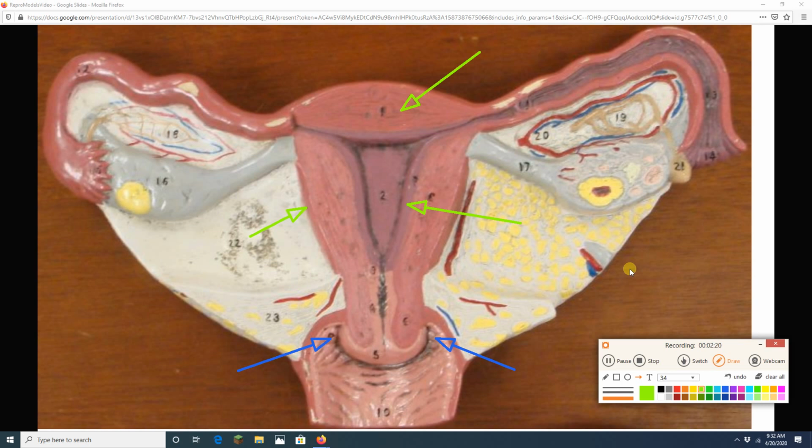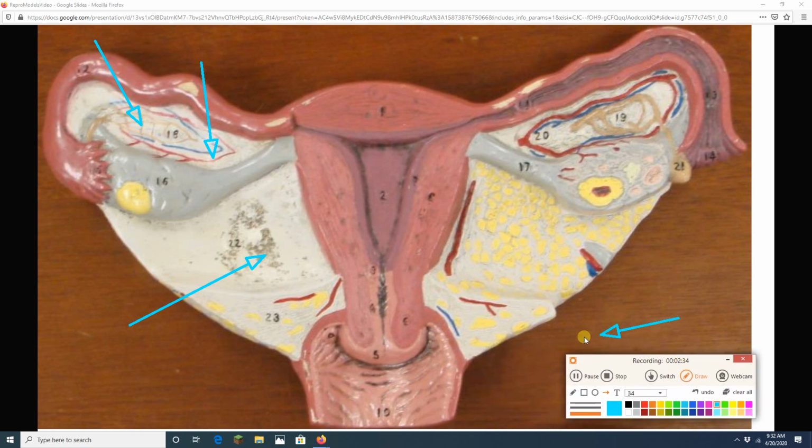We don't see that distinction on this particular model. But what we do see gloriously on this model is this big sheet of mesentery. This, of course, is something we met previously as well. This is the broad ligament.